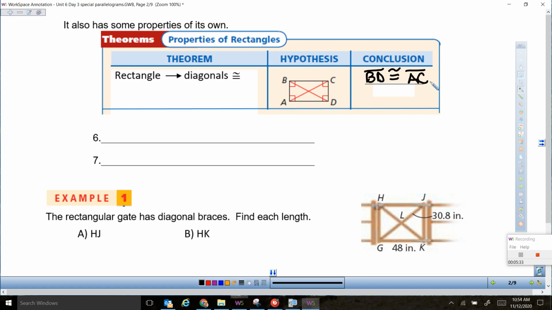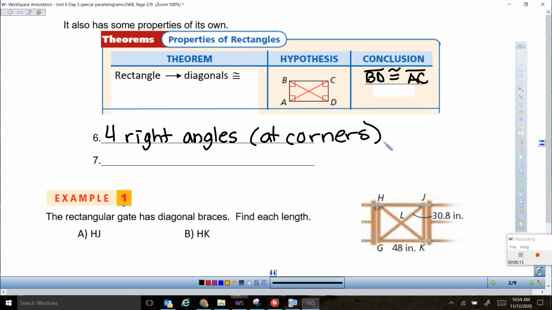Okay, so 6 and 7 are going to be the properties that are specific only to rectangles. And for the rectangles, we know that in order for a quadrilateral to be a rectangle, you have to have 4 right angles at the corner.